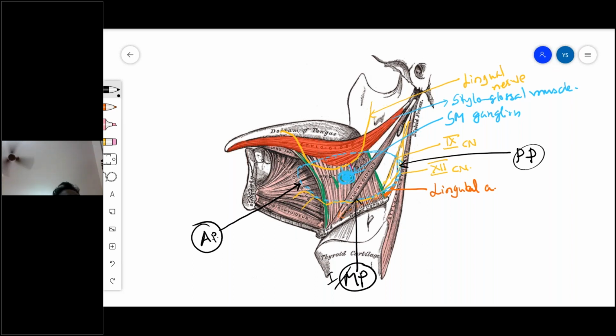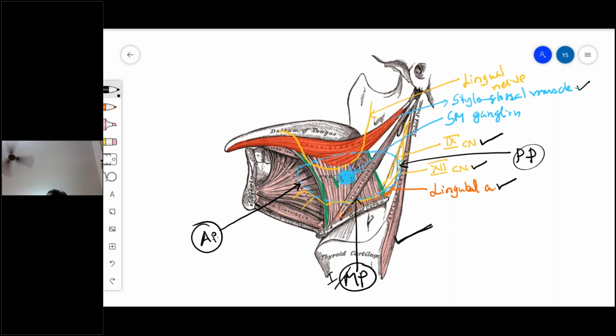What are the posterior part relations here? We can see and say from the picture. First, the styloglossus muscle. Then the thyroid cartilage, a muscle comes; I am showing it with black tick marks. That one is the stylopharyngeus muscle. Next, the glossopharyngeal nerve, 9th cranial nerve. The 12th nerve, the hypoglossal nerve, also forms a relation here. And finally, the lingual artery. In this picture I have placed 5 black tick marks.